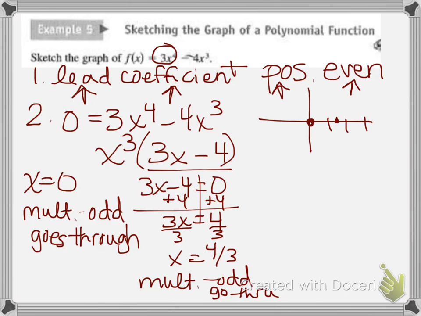Okay, well, it could be. So what we're going to do is plug in some values. These critical points right here are zeros. So we're going to plug in a point on either side of those zeros.